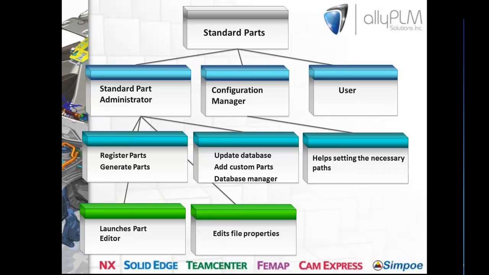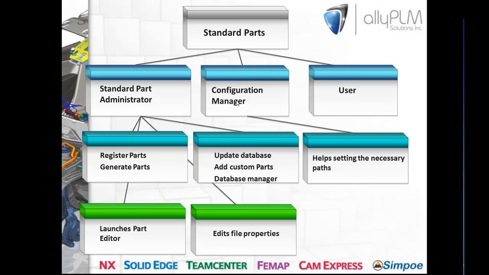Some of the capabilities of the standard part administrator are that you can register parts, you can generate parts, and we'll cover all of them in detail. You can update the database, or if you have a separate database for your custom files, you can also use the database manager. You can add custom files, work with the part editor, and also edit file properties, or add or remove file properties from the documents.